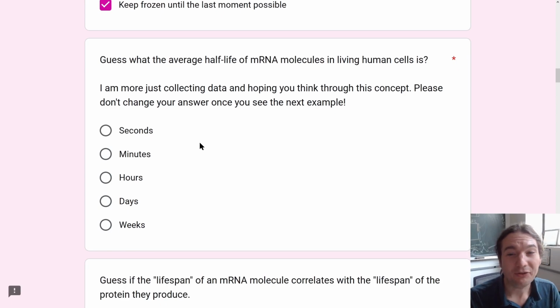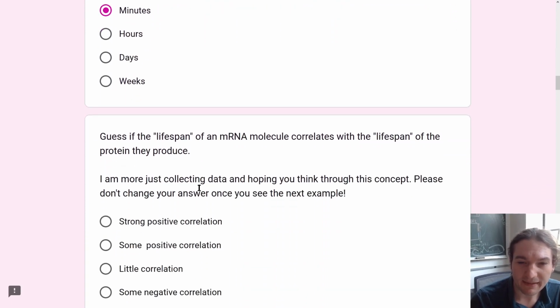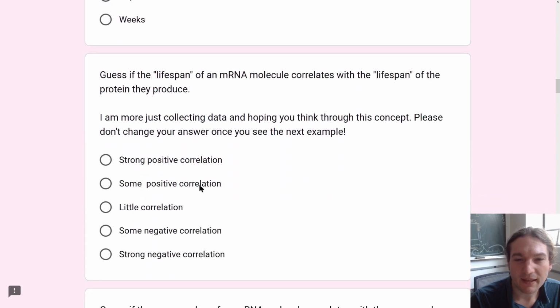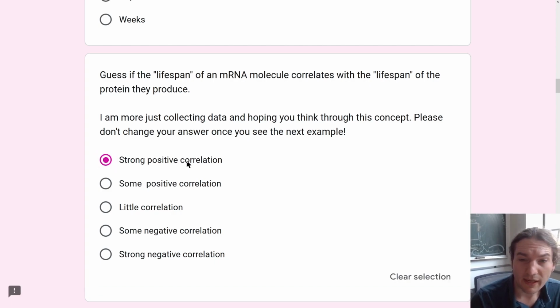I asked you to guess what the average half-life of mRNA molecules in living cells is. It's approximately minutes. Guess whether the lifespan correlates with the lifespan of the protein. It's some positive correlation, I believe.